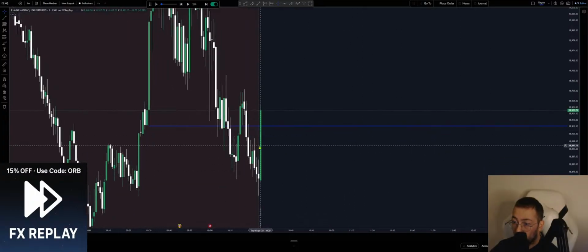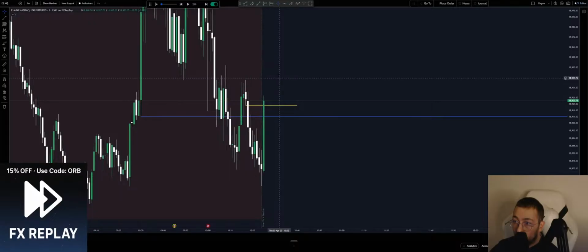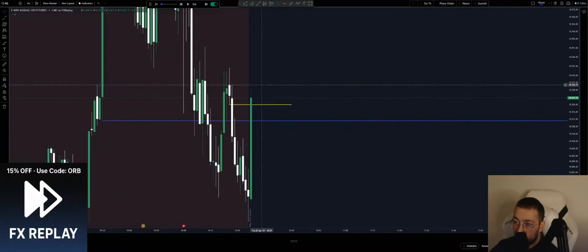We just got, okay, we have our entry here. That is our inversion. Our entry is a stop order. So what does that even mean? Okay, the candle that inverted the fair value gap will leave a wick behind 99% of the time, which is this wick.